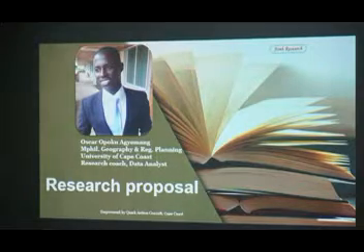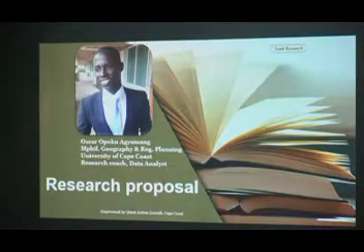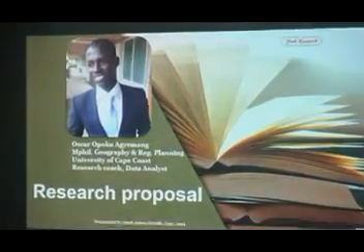To talk about the research proposal, this is the outline. We look at the cover page, then you zoom into the introduction. With the introduction, you look at the background to the study, then the problem statement, objective of the study, hypothesis or research questions. Then we look at the delimitation and limitation of the study, then the significance or rationale of the study.